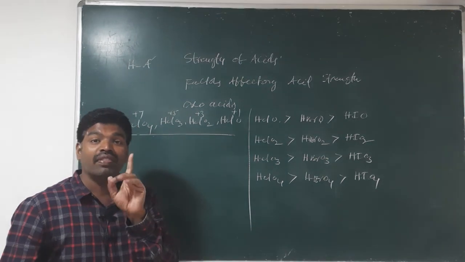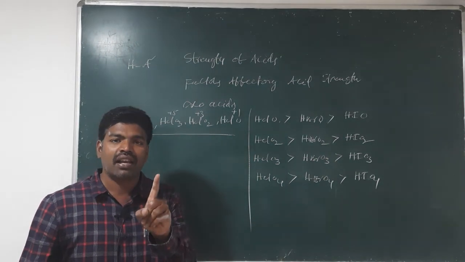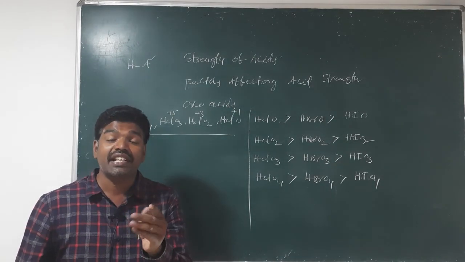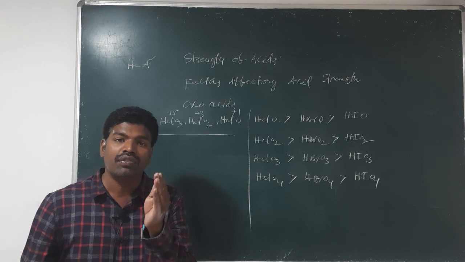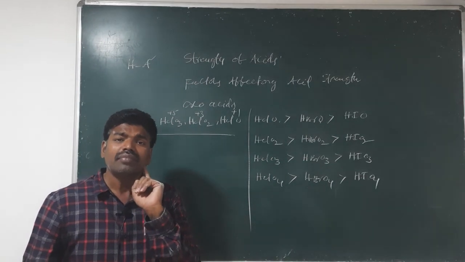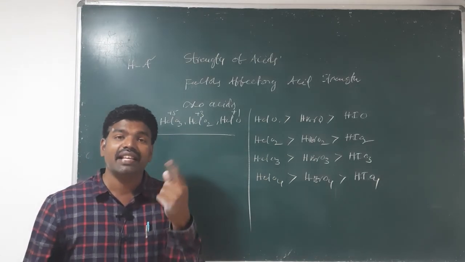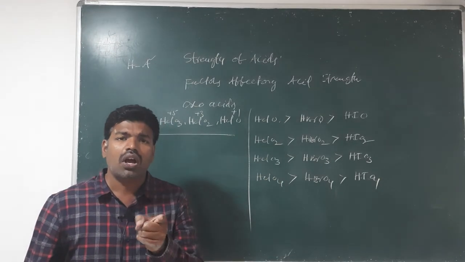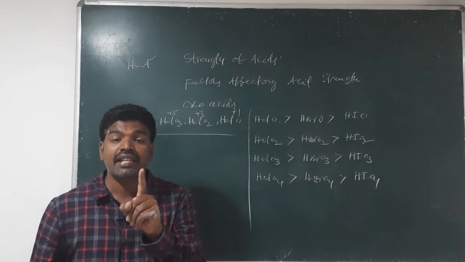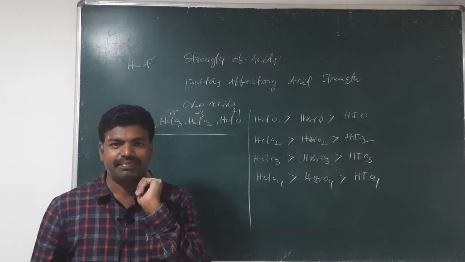But one thing is, in general, with increasing oxidation state of the central atom in the oxo acids, acid strength increases, both in metals and non-metals, except in oxo acids of phosphorus.